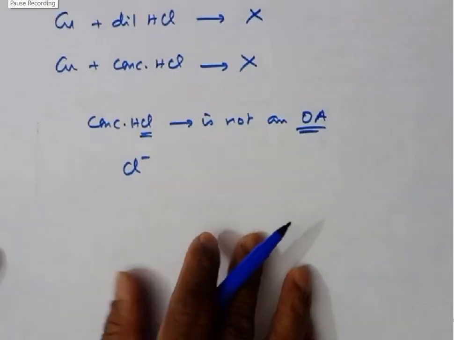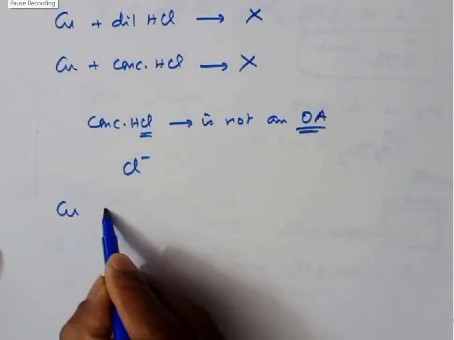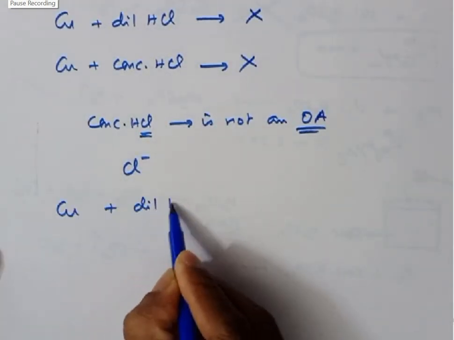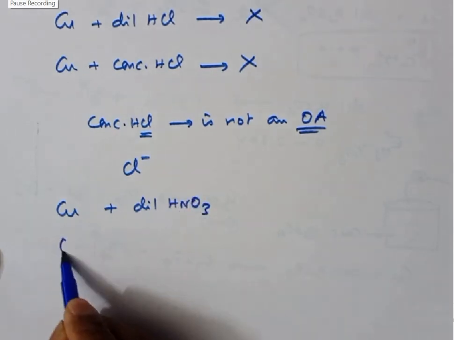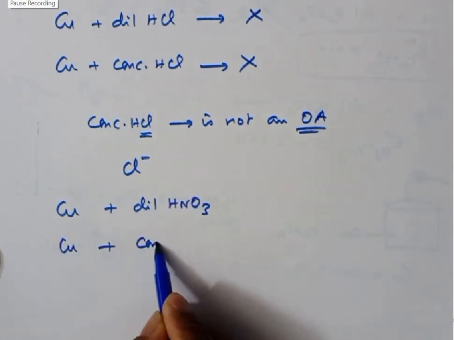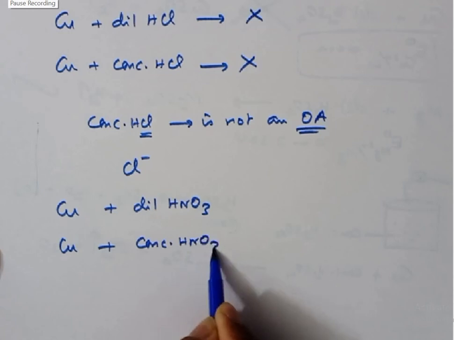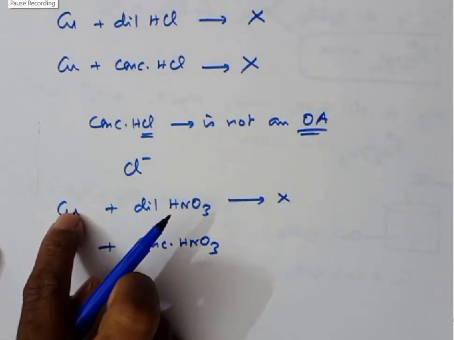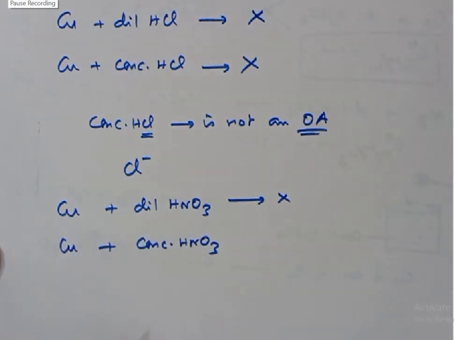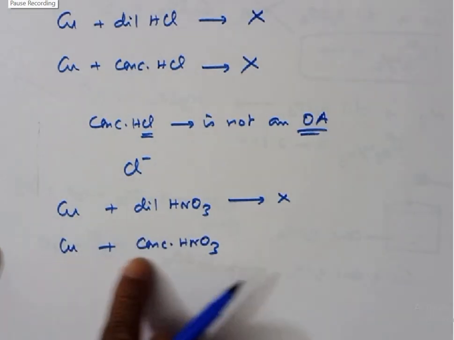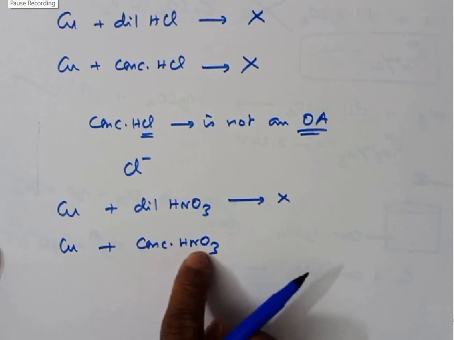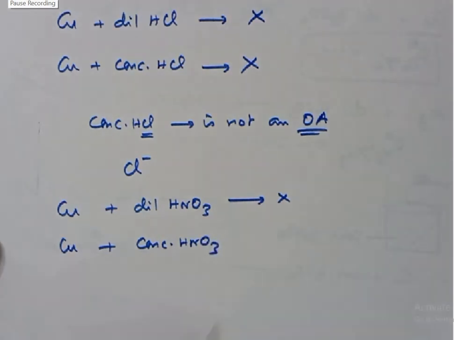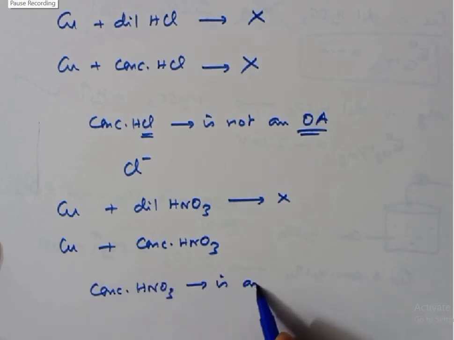Okay, what about nitric acid? If we add copper into dilute nitric acid, and if we add copper to concentrated nitric acid, what will happen? Dilute nitric acid, no reaction, because the reduction potential of copper is positive. With the same idea, students, concentrated nitric acid is an oxidizing agent.